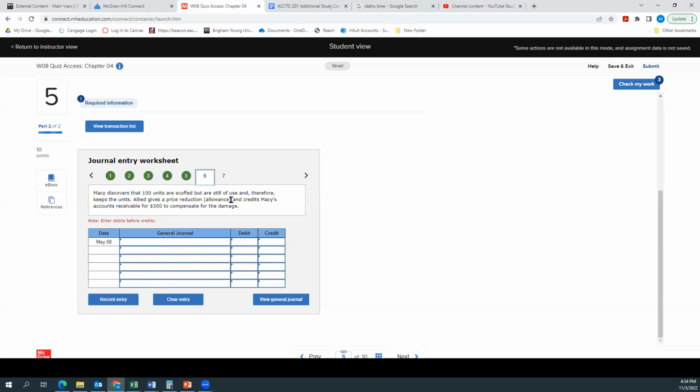So on number 6, Macy discovers that 100 units are scuffed but are still of use and therefore keeps the units. Allied gives a price reduction or an allowance to credit Macy's accounts receivable for $300 to compensate for the damage. So again, our accounts receivable is going to go down by 300, because Macy doesn't owe us this money anymore.